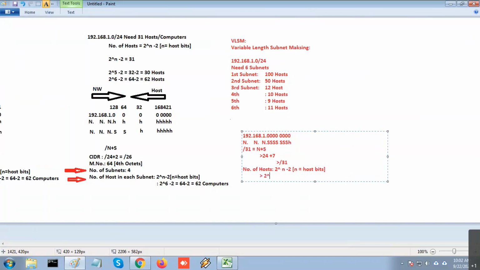So 2 power 1 minus 2, how much? 0. So 0 hosts you are going to give. What is the requirement? 100. But you are giving 0. Wrong. So what is the mistake?